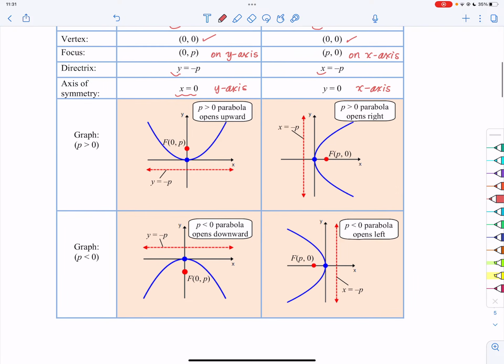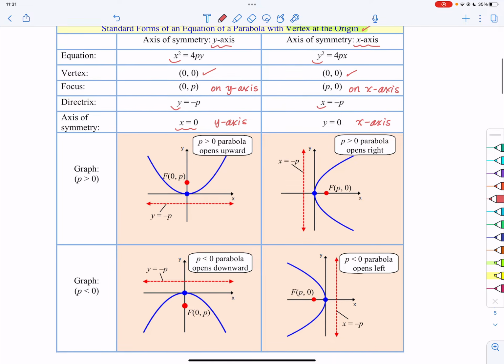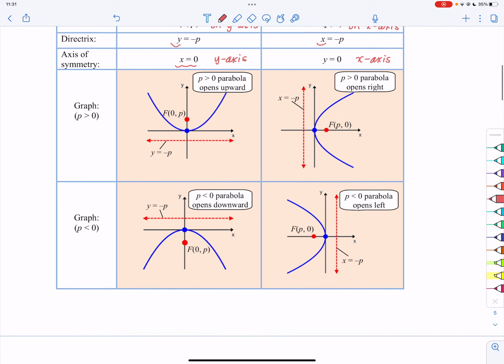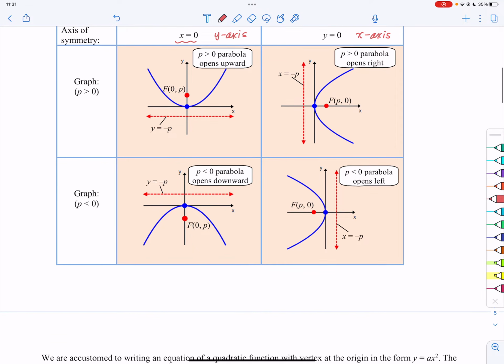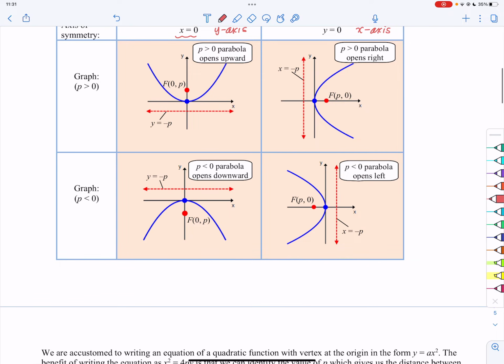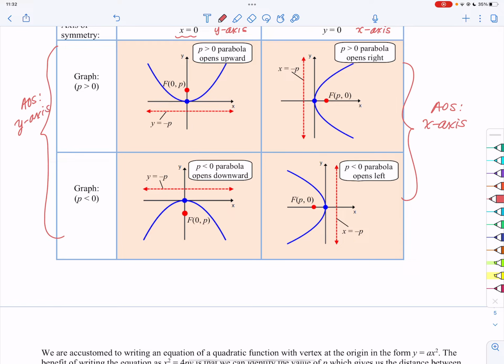And that just depends on the axis of symmetry. Okay? And you can see here the x-axis is the axis of symmetry, and here the y-axis is the axis of symmetry.